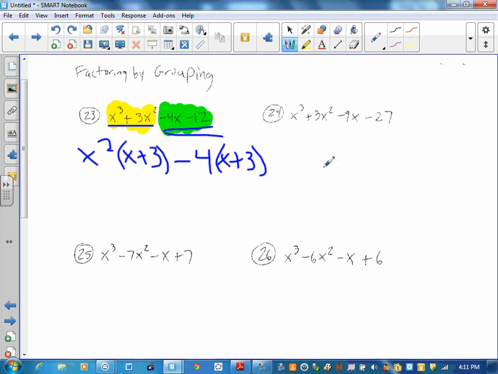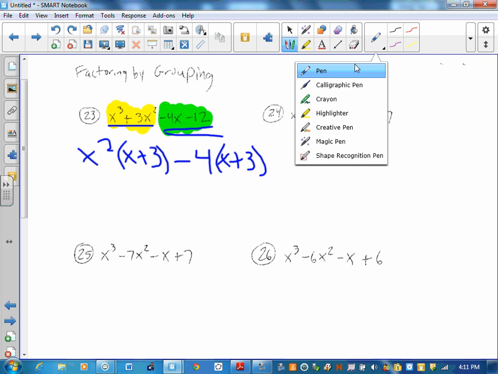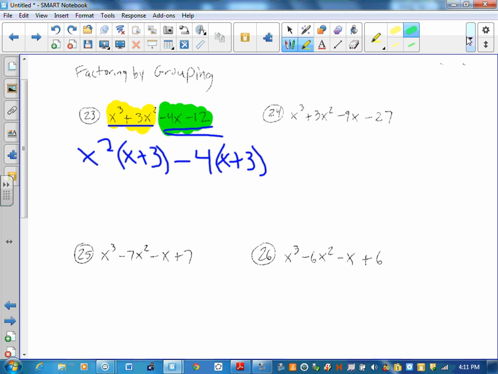You're like, whoa, what just happened there? Oops, I need the highlighter pen. So the yellow, we took out the x squared, the green, we took out the negative 4, and we're left with x plus 3 and x plus 3.